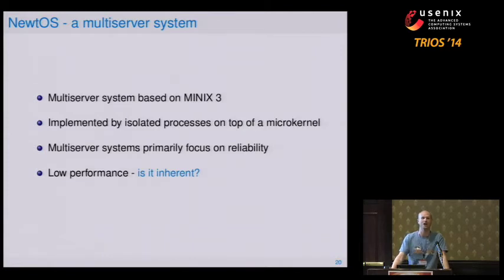It has some interesting reliability properties, like that if there is some fault in the system, it's contained within these isolated processes. But these operating systems are found only where reliability is extremely important, and they are not widespread because people think that their low performance is inherent to the operating system design.